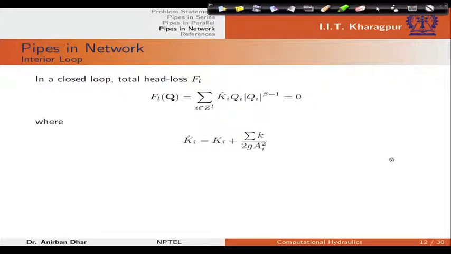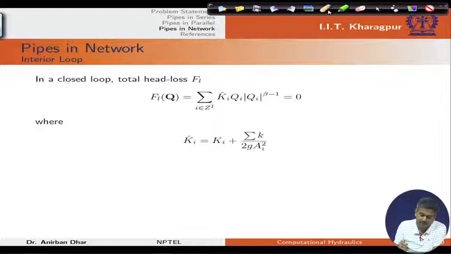Now, pipes in network for interior loop. An interior loop is the loop which considers only pipes without any reservoir or pumps. So, in a closed loop, the total head loss, let us say this is considered in terms of this FL, should be 0.